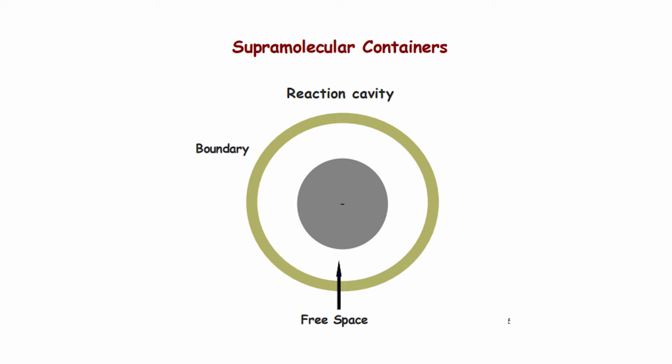Sometimes it may do a chemical reaction. Chemical reaction is basically the atoms in a molecule rearranging. When they rearrange, they become either bigger or smaller. If it becomes bigger, then it is not going to happen, because this container is small, so the reaction is going to be more selective.